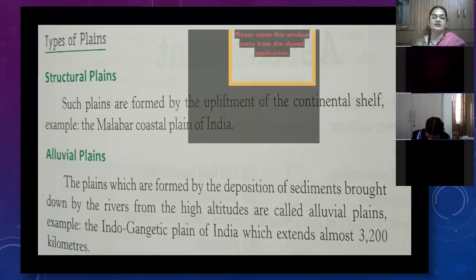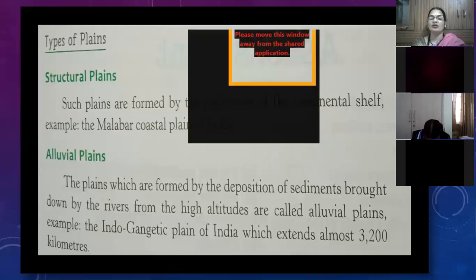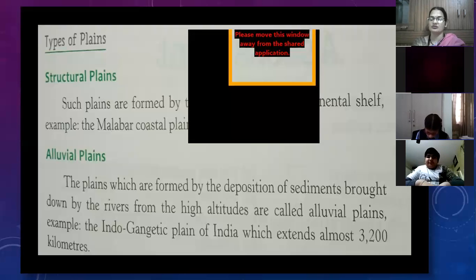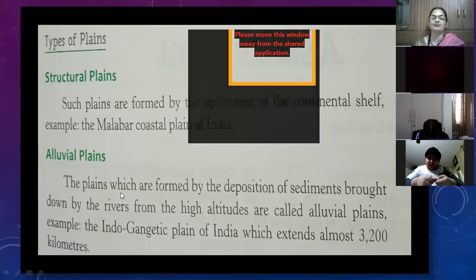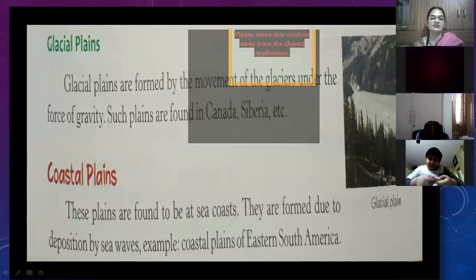The plain formed by these rivers is called the Indo-Gangetic Plain of India, which extends almost 3,200 kilometers. Clear, students? This is the largest plain in India, found in the northern part of India. So alluvial plains are formed by the deposition of sediment brought down by the rivers.